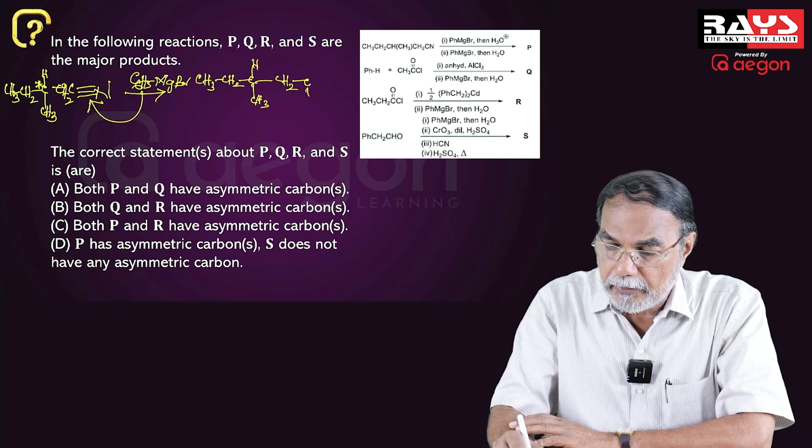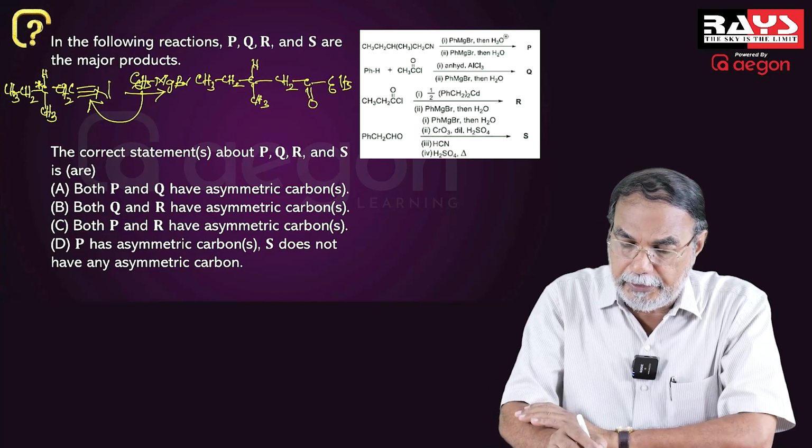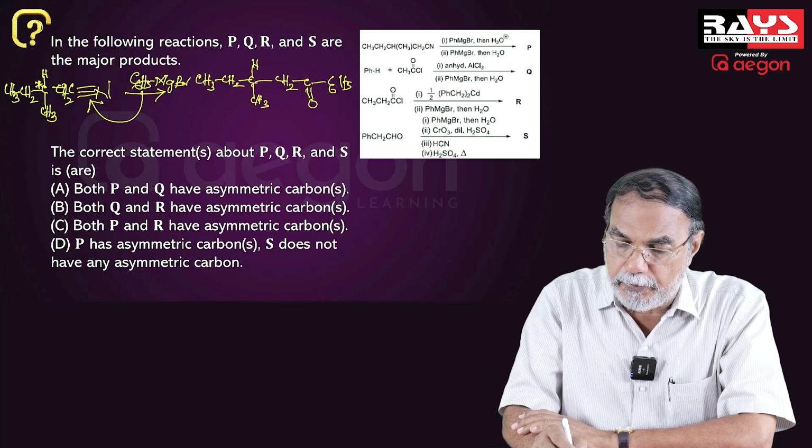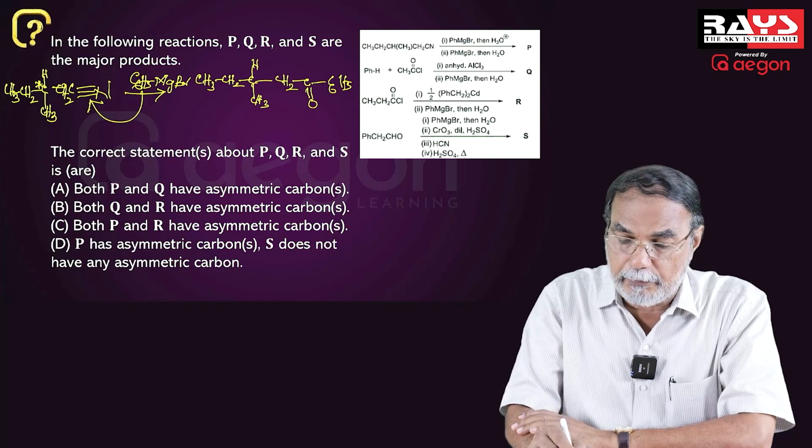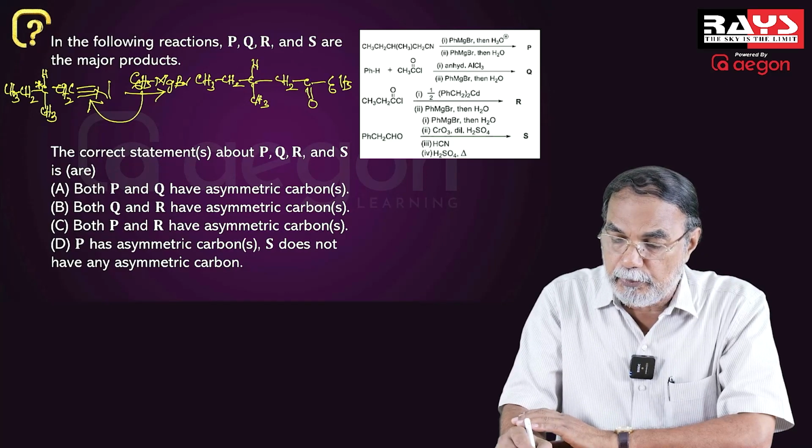It is C double bond O, C6H5. Actually, the addition of the C6H5MgBr to the C triple bond N, the nucleophilic part of the Grignard reagent, that is C6H5 minus, is added to the carbon of the CN group, and the remaining part MgBr to nitrogen, followed by hydrolysis, and that will generate a C double bond O group.